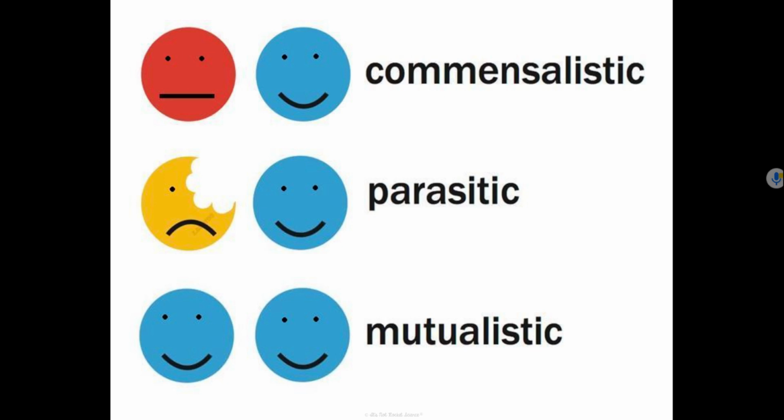However, in commensalism, the other organism is neither helped nor harmed. That's why they aren't smiling and they're not frowning. They're just neutral. In parasitism, the other organism is harmed. That's represented as the frowny face with a piece missing. And in mutualism, the other organism benefits. And so that's why in mutualism, you have two smiley faces. Both organisms benefit.